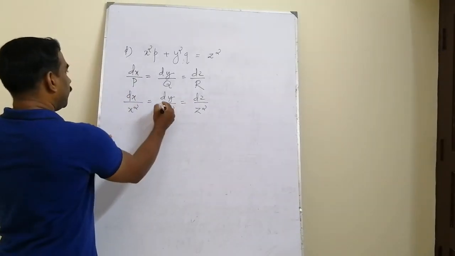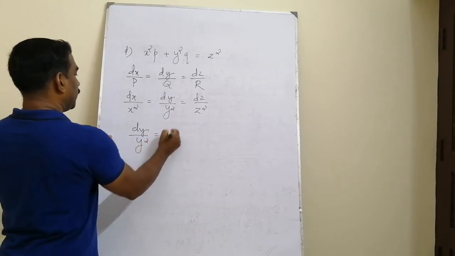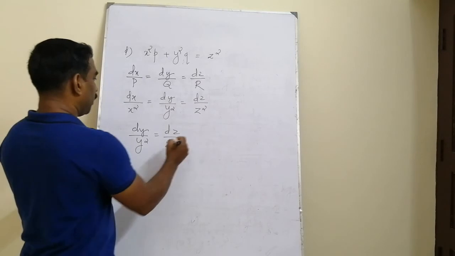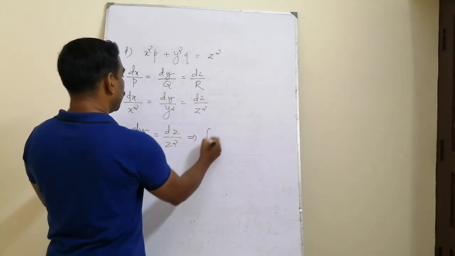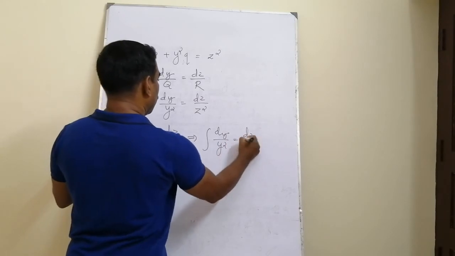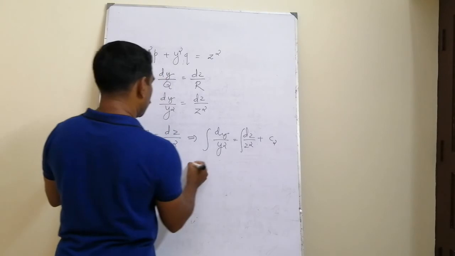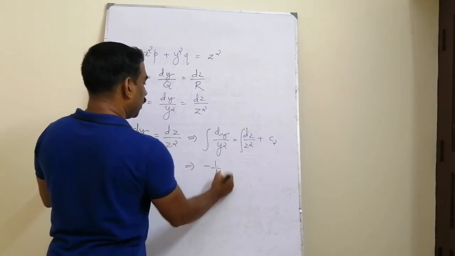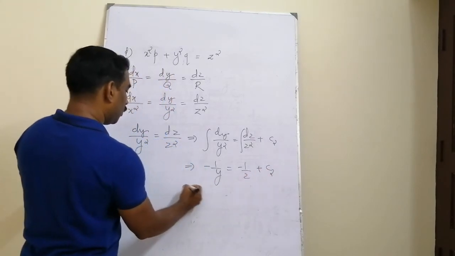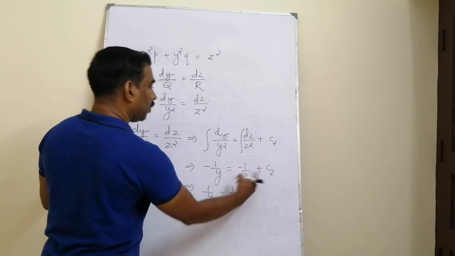Similarly, if we take the second and third ratios, we get dy by y square is equal to dz by z square. That is again in direct integrable format, separable form. So on integration, integral dy by y square is equal to integral dz by z square plus another constant, say c2. So this is equivalent to minus 1 by y is equal to minus 1 by z plus c2, or we can simplify this as 1 by y minus 1 by z equal to minus c2.